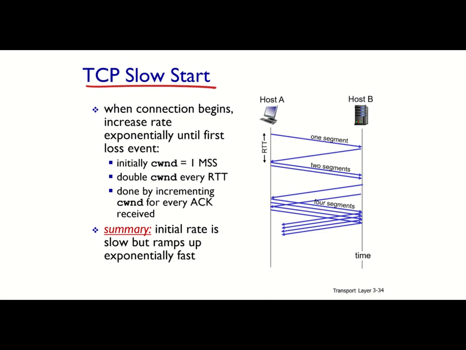So this time we send 4 segments, and then we do this. We increase it exponentially until a loss event happens. So although the initial rate is slow, it ramps up exponentially fast.